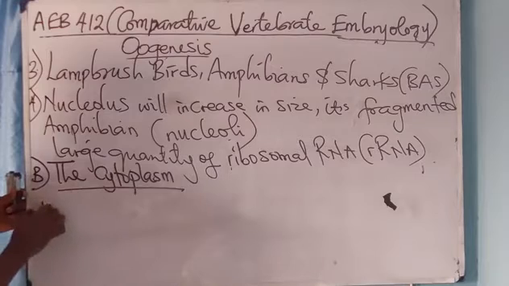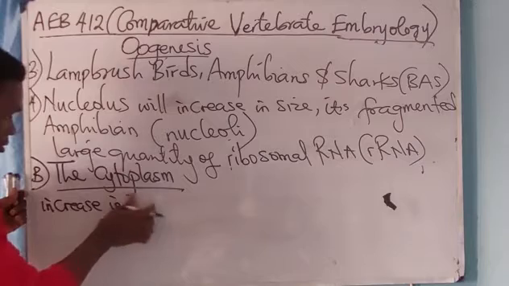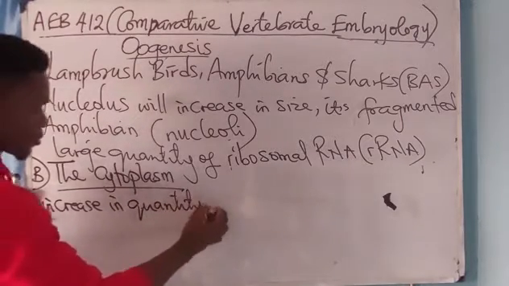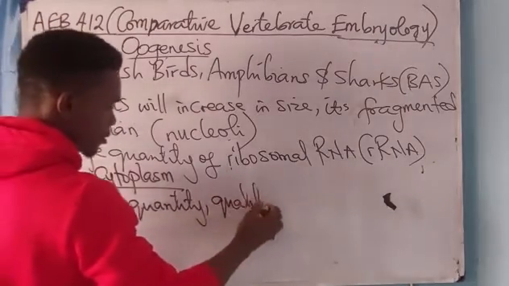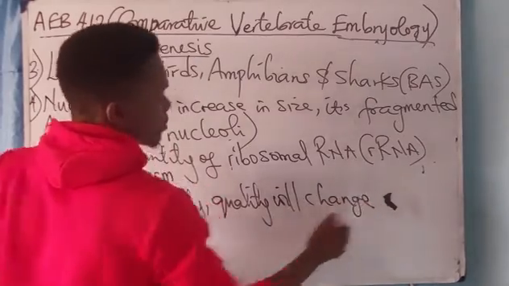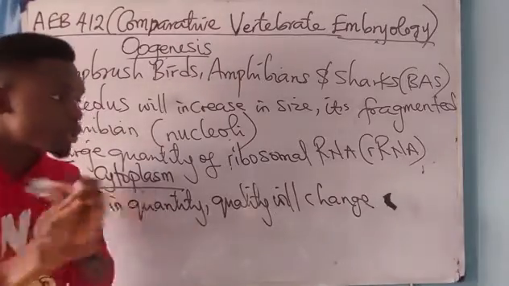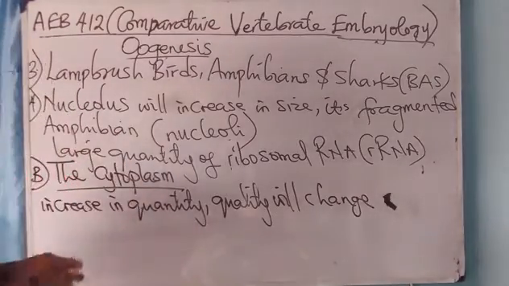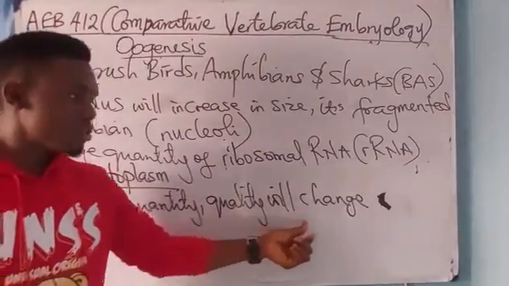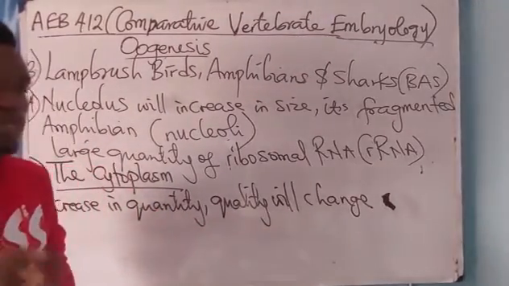The cytoplasm will increase in quantity, then the quality will change because of the elaboration and distribution of cell inclusions. They will become many, then the quality will change because more cell inclusions are distributed inside of it.